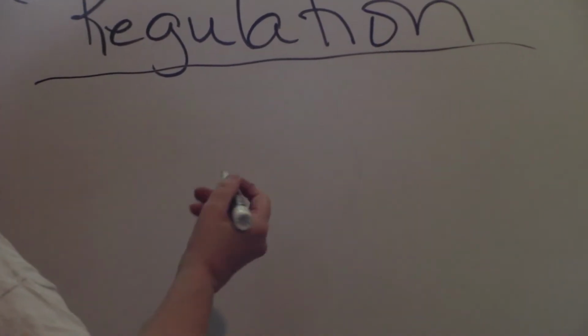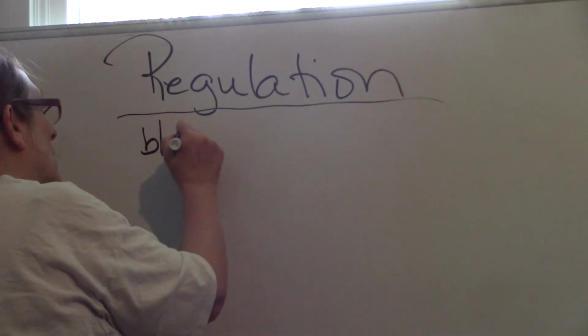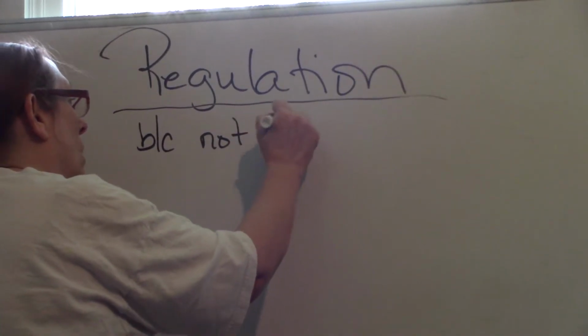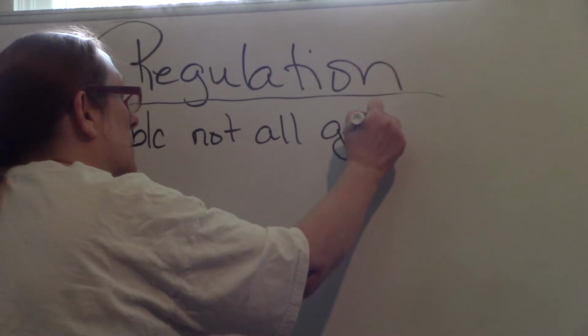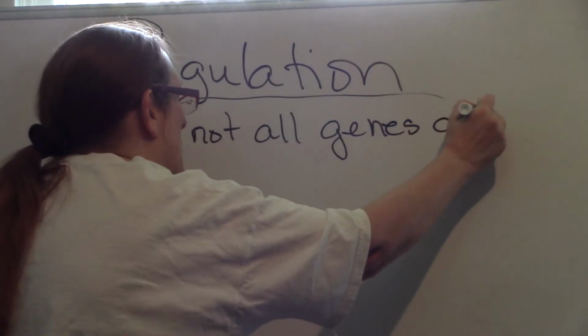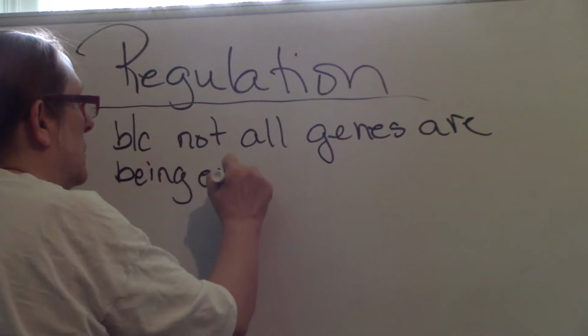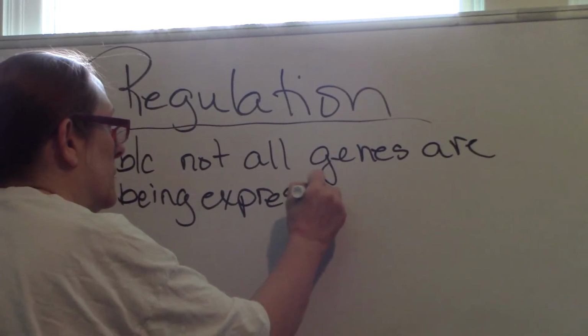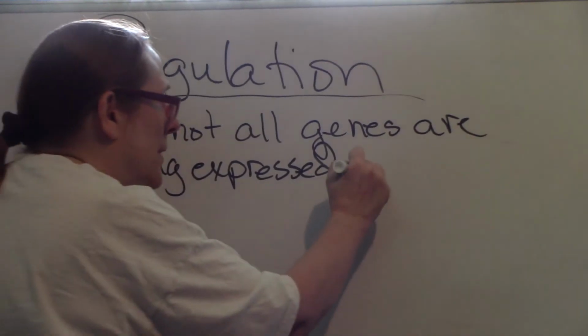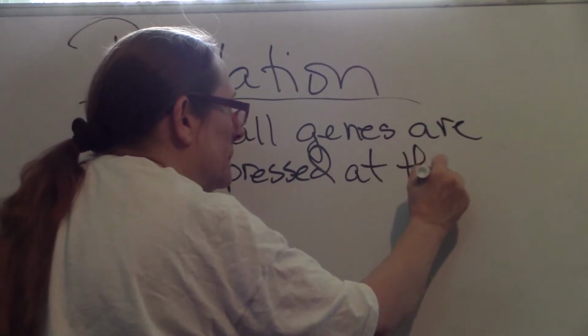But you know what? I don't want to try to explain that, especially in this online-only class. So I just want to say that regulation does occur because not all genes are being expressed or turned on at the same time.